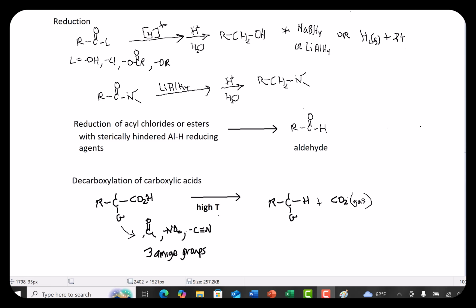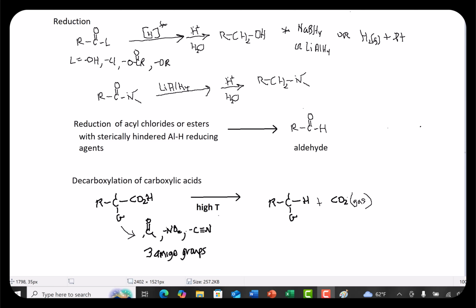Carboxylic acids and their derivatives are subject to reduction. Remember that reduction involves either a gain of hydrogens or loss of oxygen or a combination, and it's basically the opposite of oxidation. Both the carboxylic acid and the derivatives, esters, amides, and so forth, are subject to reduction.